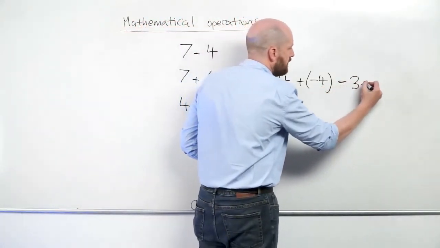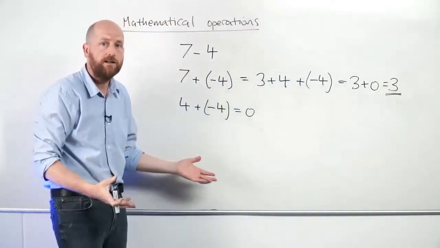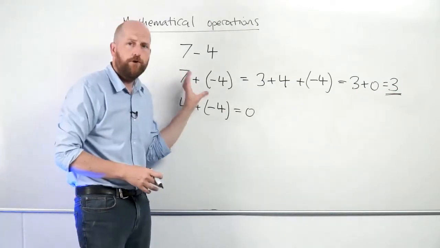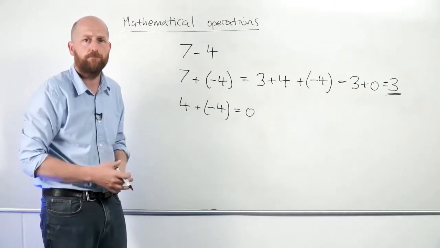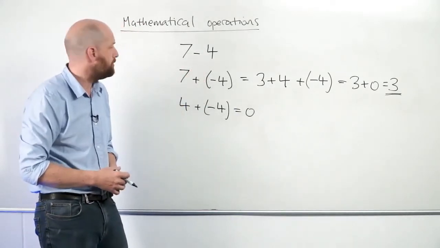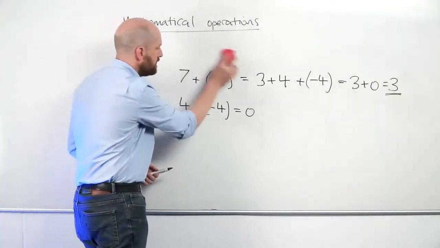I get 3 plus 0 equals 3. Okay, so that's rather long-winded for just working out 7 minus 4. This is going to be of huge benefit when we don't just use numbers like this, but we use algebraic expressions. Understanding what the negative means is really quite important. So that's how we're looking at negative, or taking away certain numbers.